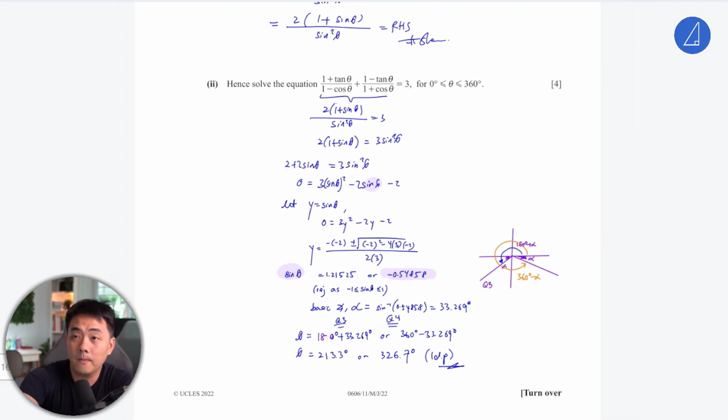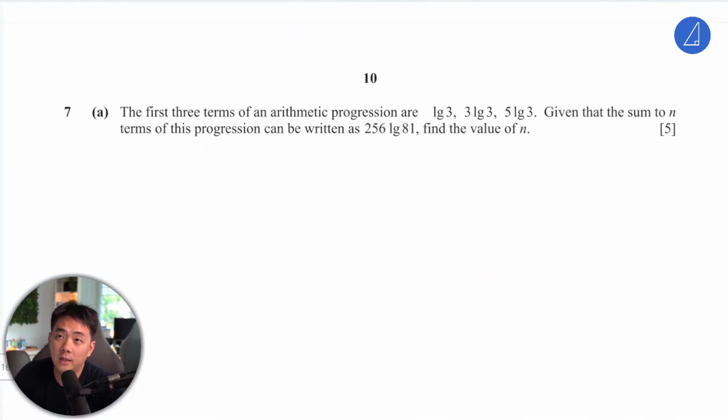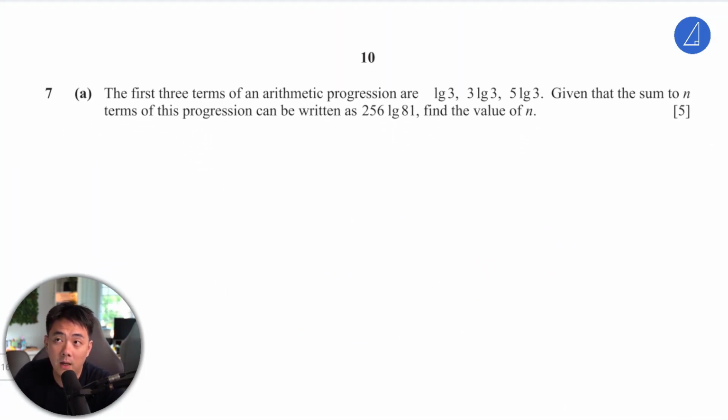All right. Let's look at question 7 here. The first three terms of an AP are given as log 3, 3 log 3, and 5 log 3. Given that the sum to n terms of this progression can be written as 256 log 81, find the value of n.